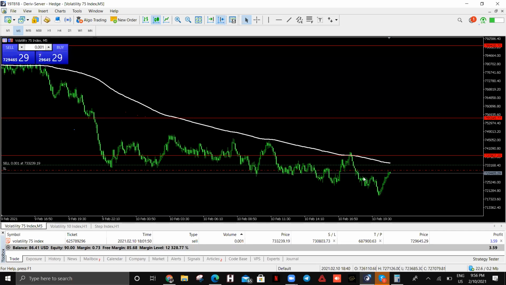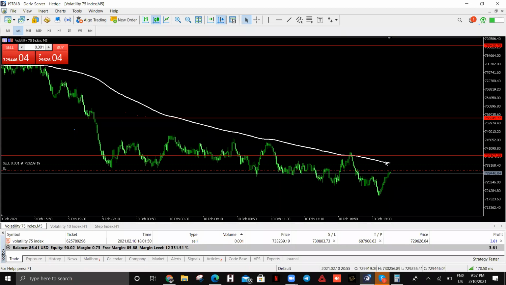Now, price came down all the way here. I've secured a little of my profit because I'm still expecting price to come down. Why am I confident that price is still going to come down even though I secured this little profit? Because my 200 EMA is above my price. So if it hits my stop, I'm still in profit.